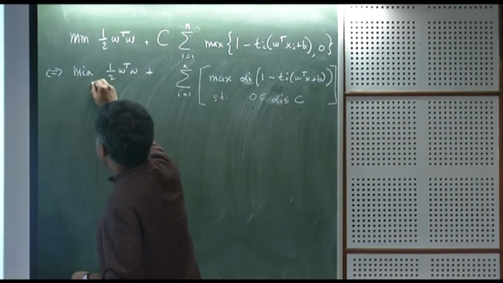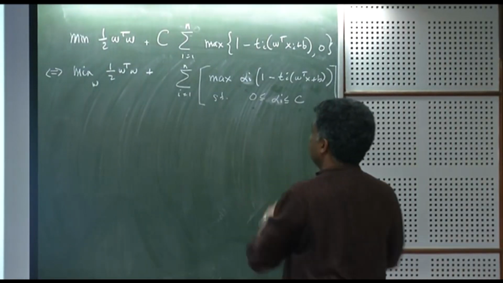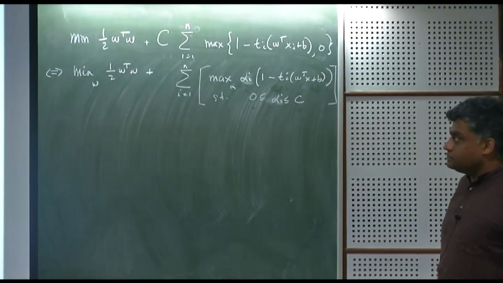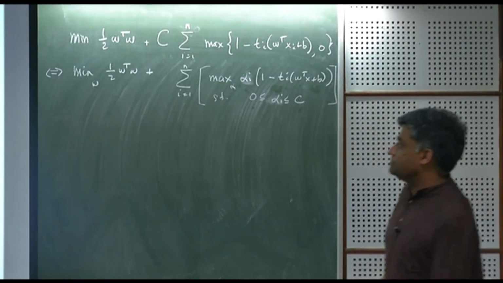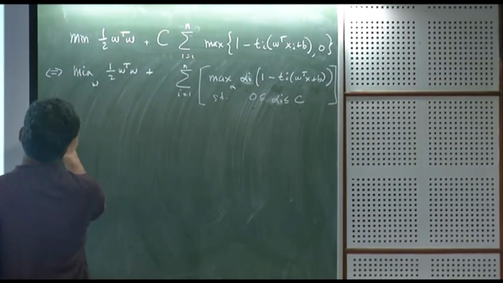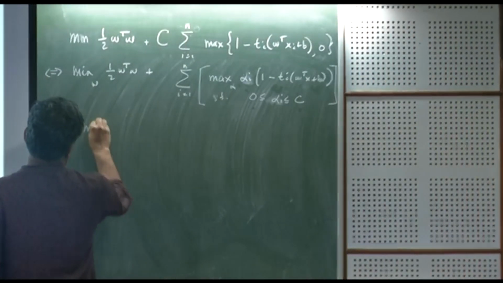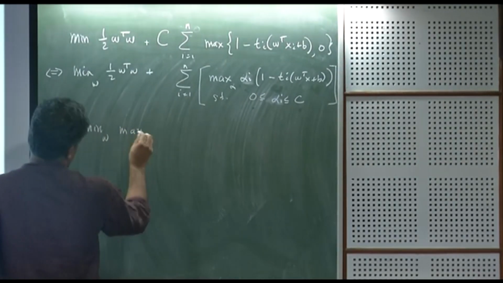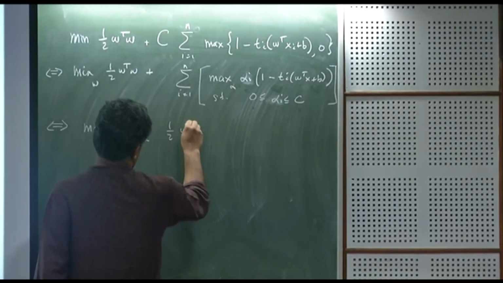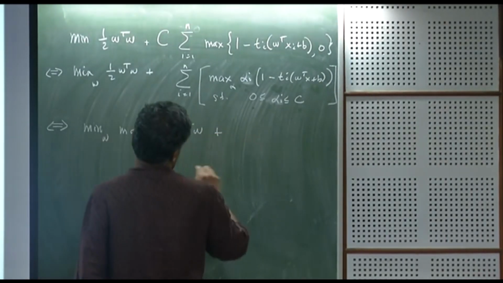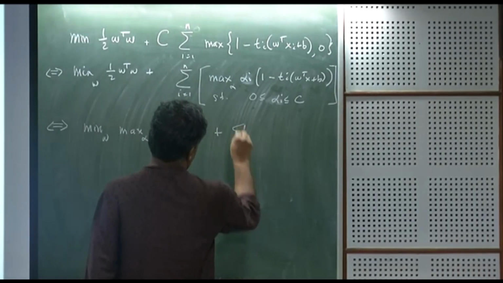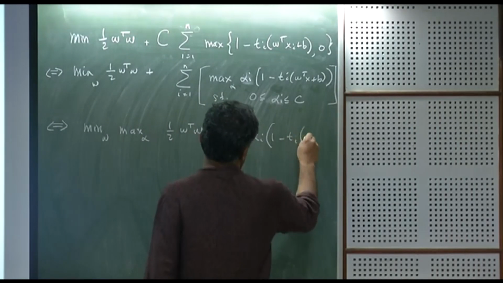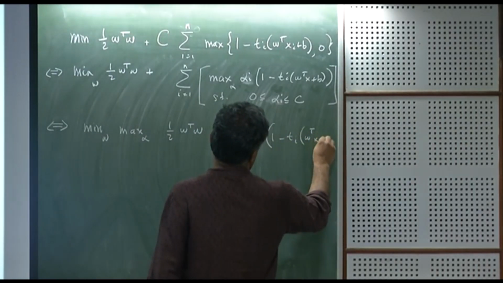Now, this minimization is over W, that maximization is over alpha. Let's write them both together. Minimum over W, maximum over alpha, of 1/2 of W transpose W plus the summation of i going from 1 through n of alpha i times (1 minus Ti times (W transpose X plus B)).